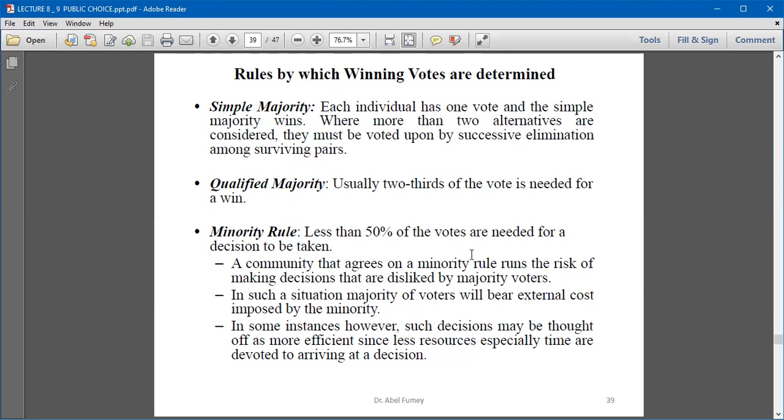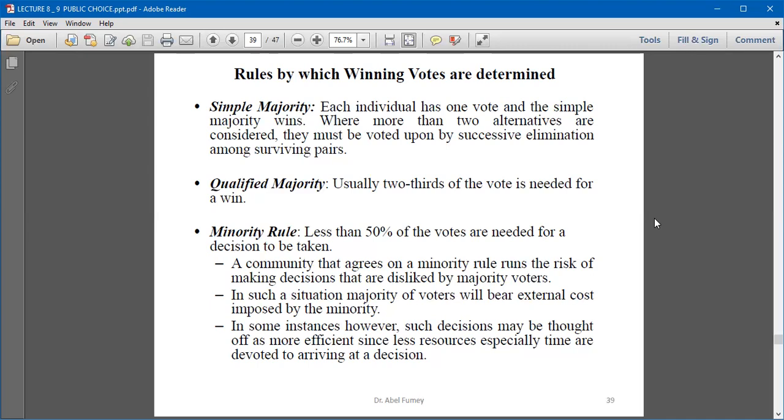But the argument in favor of the minority voting rule is that the cost of decision making is less. We don't need much time and many resources before we can get a winner.